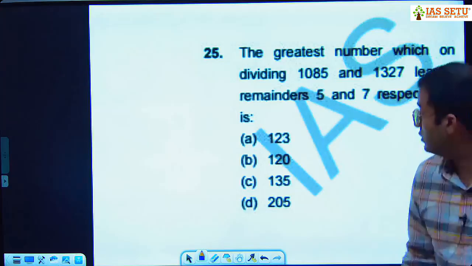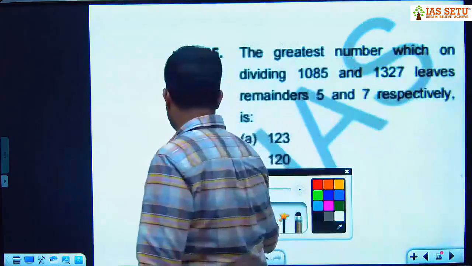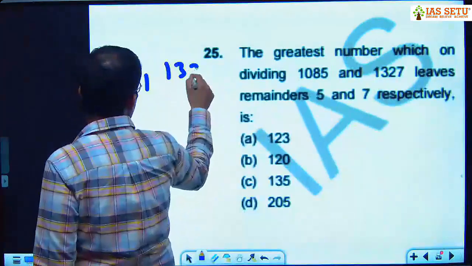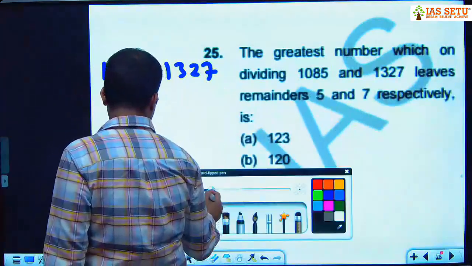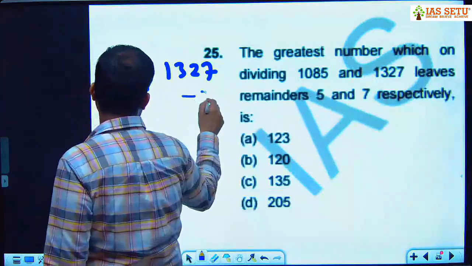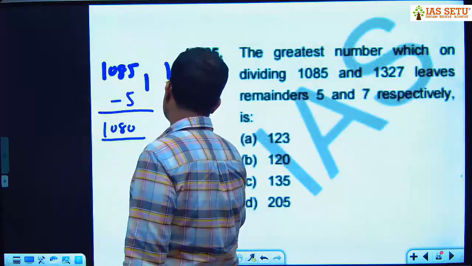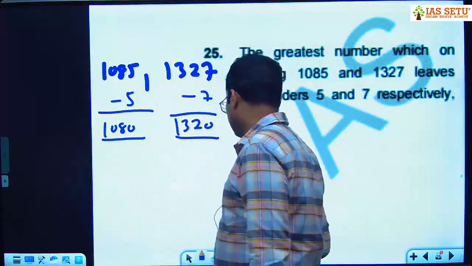So here, 1085 and 1327 leave remainder 5 and remainder 7, so the numbers are 1080 and 1320. We have to find the HCF.